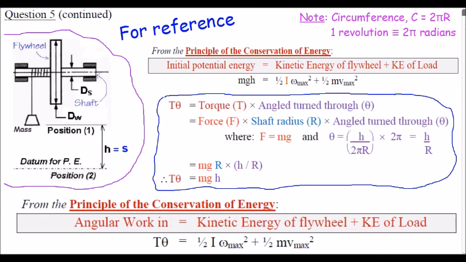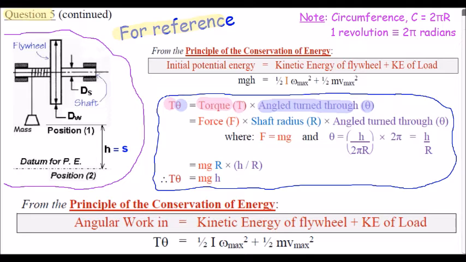Question 5 solution continued. Again, this slide is for reference. Another way the principle of conservation of energy could be applied was to consider the initial angular work in. Now, from our previous work, we know that angular work done is calculated by the applied torque multiplied by the angle turned through, where the applied torque T is in Newton meters and the angle turned through, theta, is in radians.